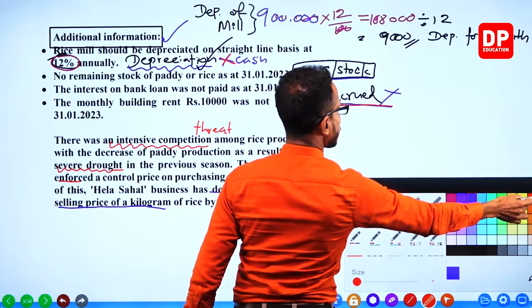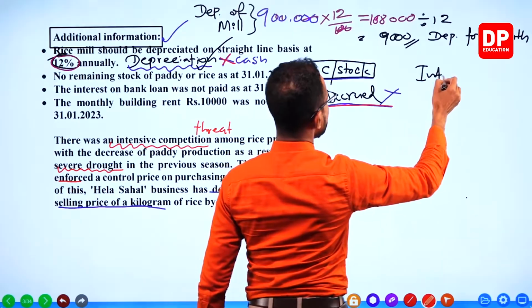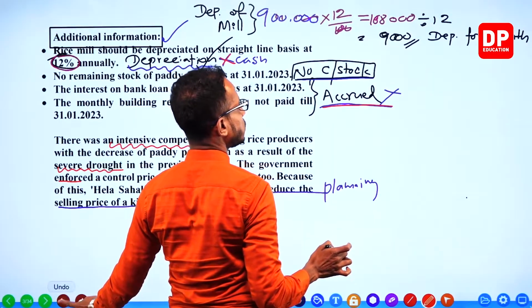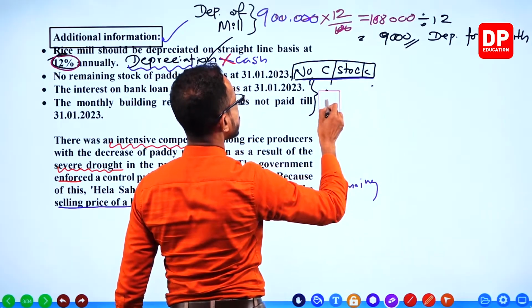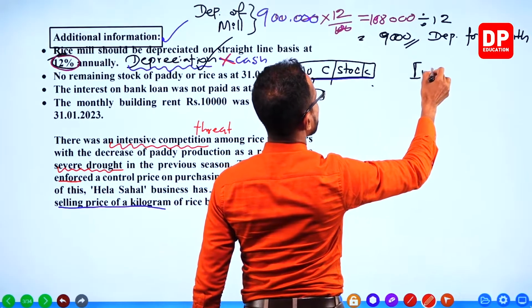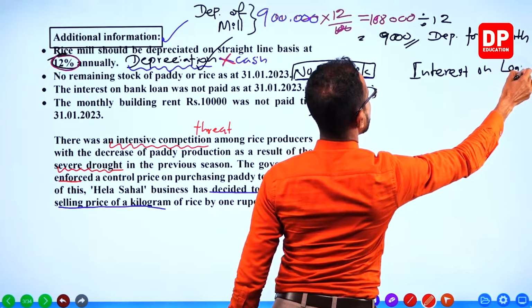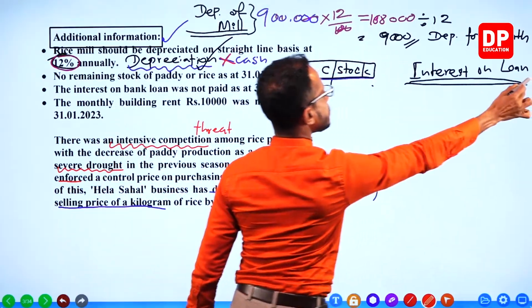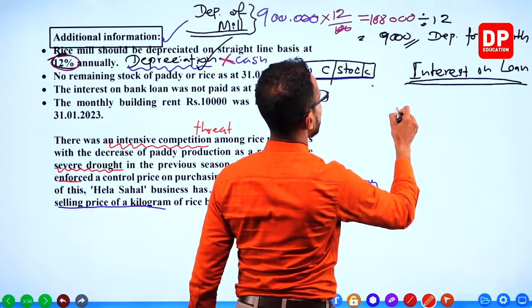Now we have to calculate the interest on loan. The loan is 500,000, right?